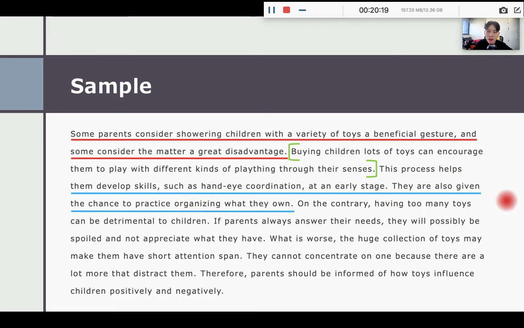Okay? And then the final one is what? Link, right? Don't forget, the positive aspect is only half of the focus here. The other half is the negative aspect. So do you see the transition here? On the contrary, it signals that, oh, now we are going to talk about the opposite. So starting from on the contrary, you will see this author repeat the similar development here.